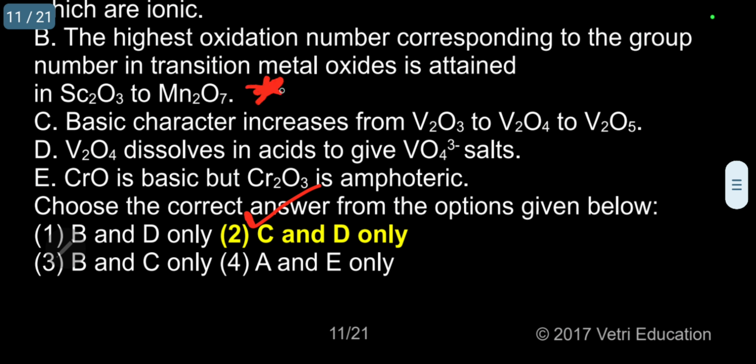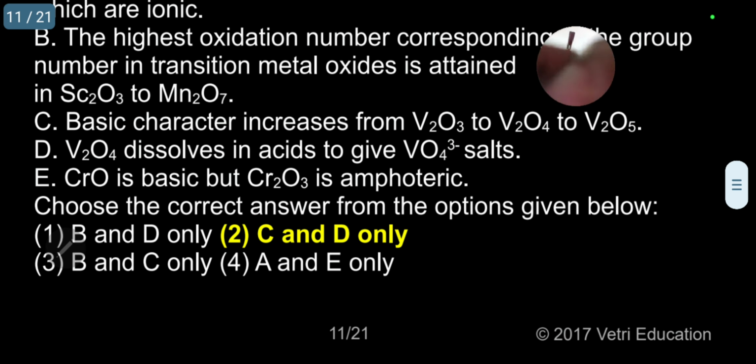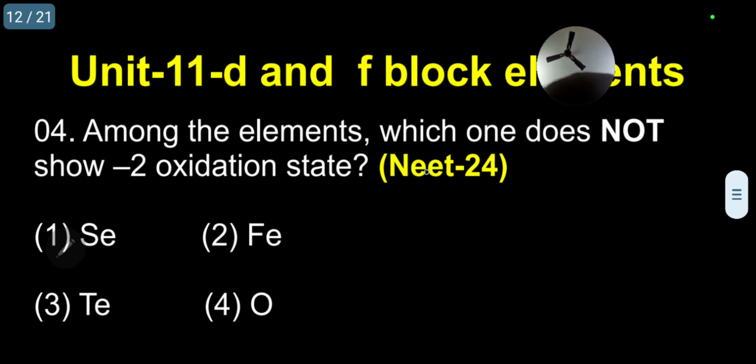That is C: basic character increases? No. Oxygen increases, acidic character increases. So this is wrong. And D: V2O4 dissolves in acidic medium? No, it is wrong. So the correct answer is C and D.